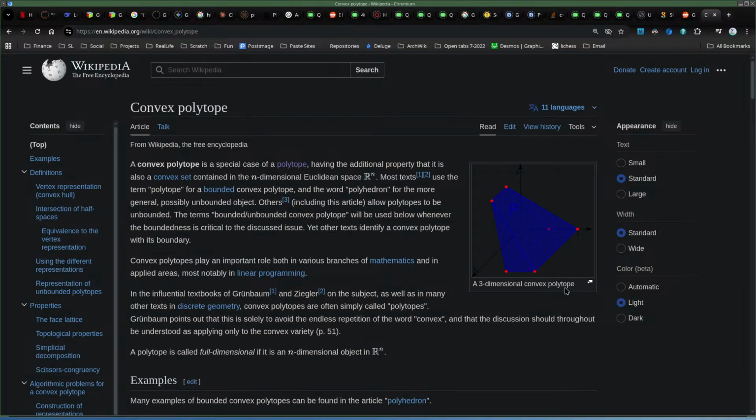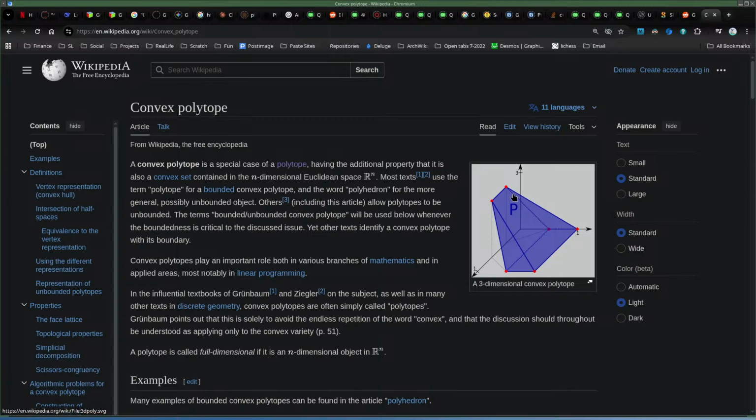A polytope can also be 3. Okay. So a polygon is 2 dimensions probably, and a polytope is just something that can live in higher dimensions as well.